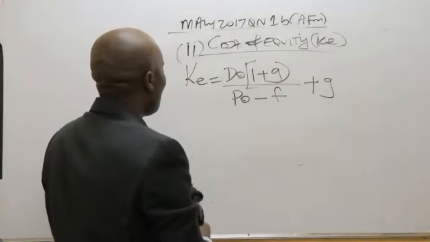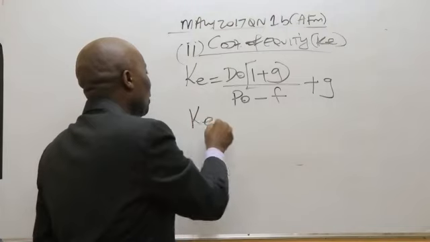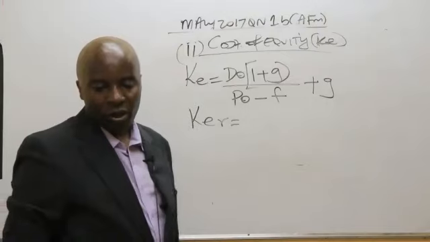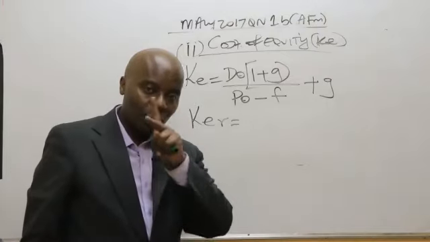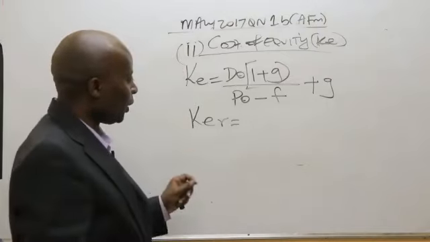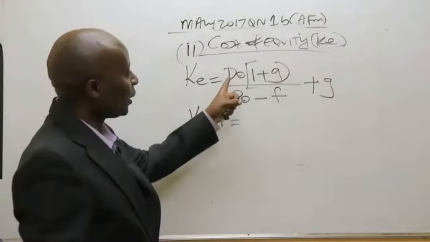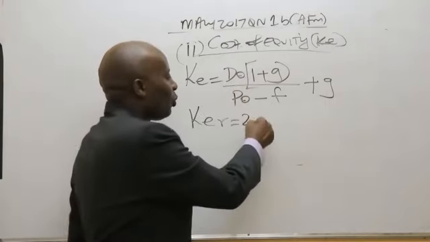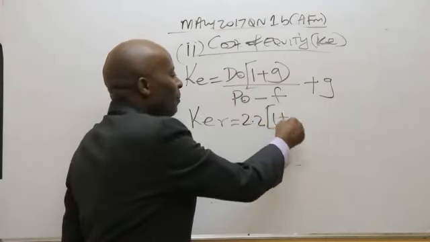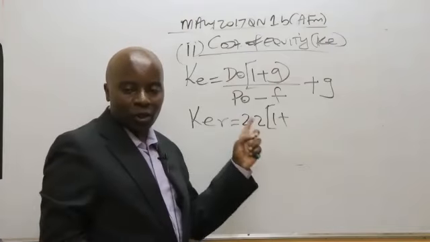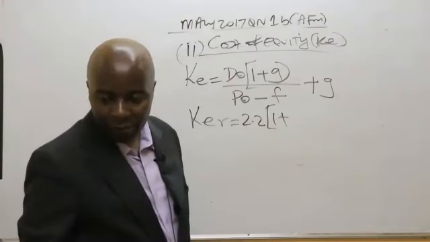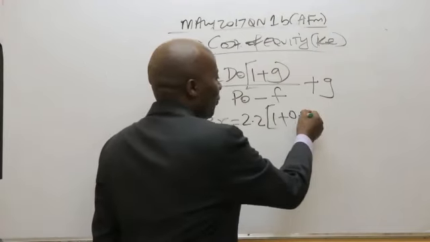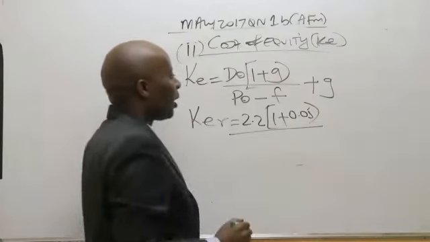So for cost of equity, because I've got 2 equity components, I'll begin with the cost of equity retained earnings. Remember, equity components are how many? 2. So we shall begin with cost of equity retained earnings, where we take the DO, the dividends per share, 2.2, into 1 plus the growth rate of 0.05, all over PO.